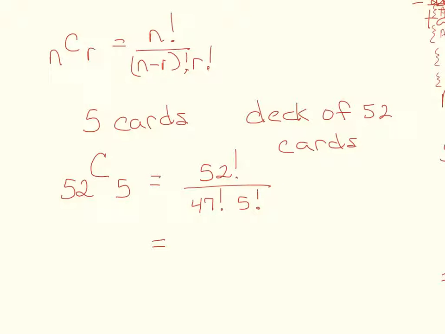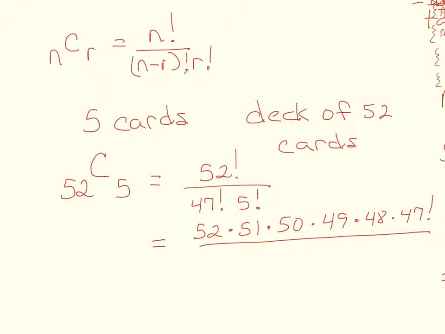You have it available on your calculator, math to probability, but this is not going to be too bad to write out. 52 times 51 times 50 times 49 times 48 times 47 factorial over 47 factorial times 5 times 4 times 3 times 2 times 1.